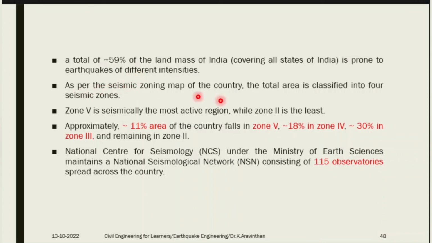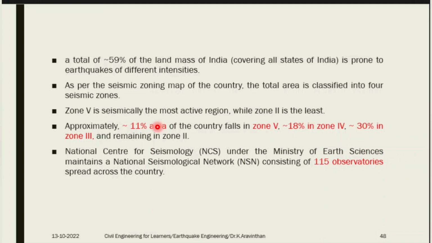As per the seismic zone map of India, the total area is classified into 4 zones, which I have said: zone 2, 3, 4 and 5. Zone 5 is the most active region and zone 2 is the least. Zone 5 covers 11% of the total area in India.